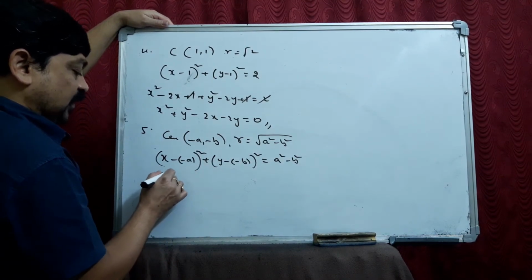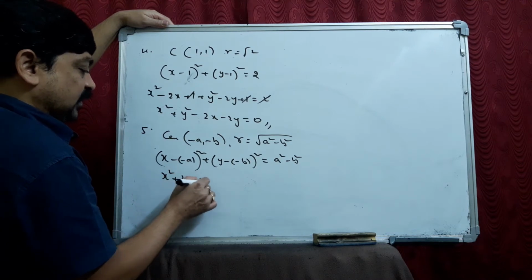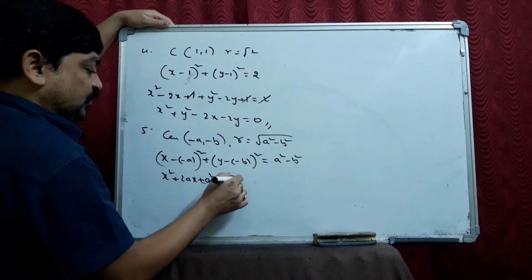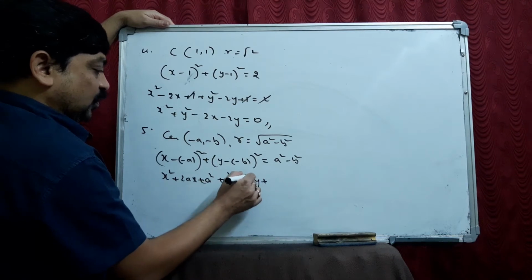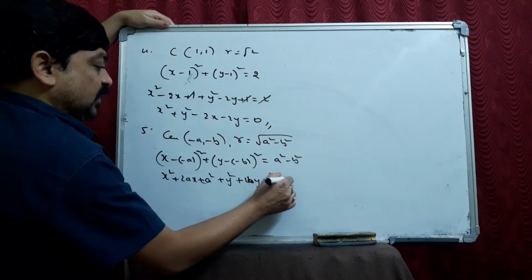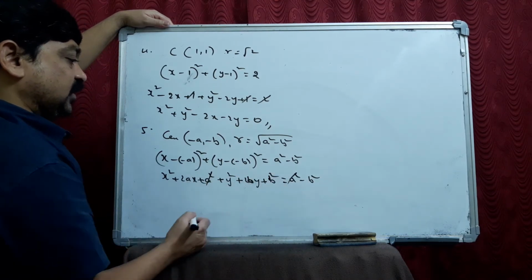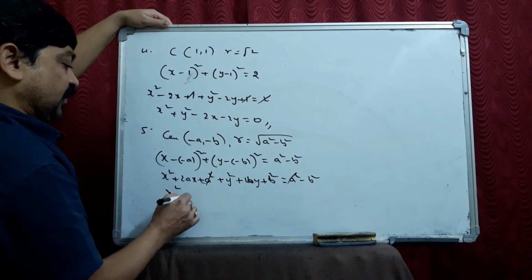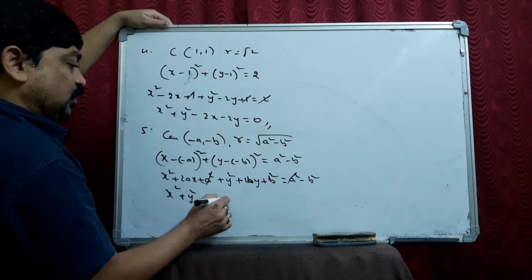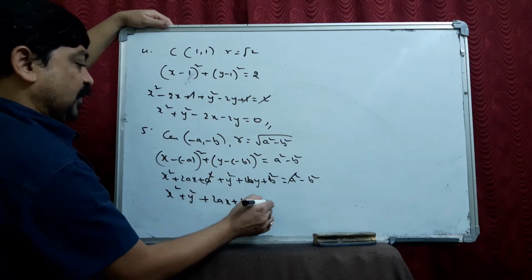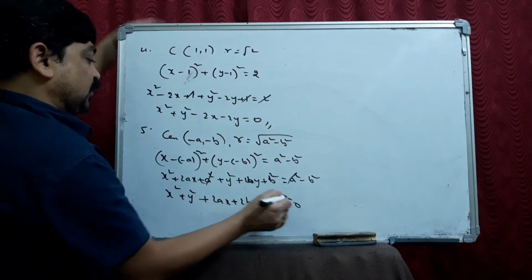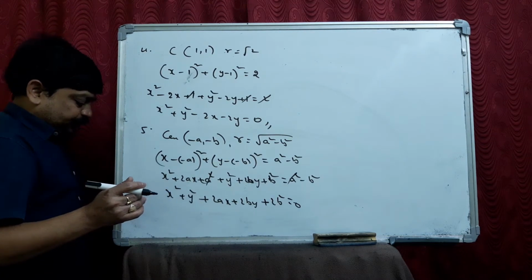It becomes x square plus 2ax plus a square, y square plus 2by plus b square is equal to a square minus b square. So a square gets cancelled. So the whole equation becomes x square plus y square plus 2ax plus 2by plus 2b square is equal to 0. Fifth one.